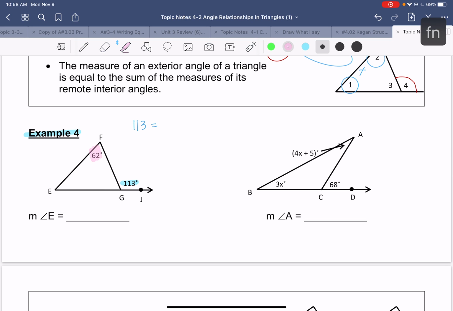One remote interior angle is 62, and the other one is E, which is what we're trying to find. So 62 plus angle E. Well, in order to find what angle E is, we're going to subtract 62. Okay, so angle E equals 51 degrees.